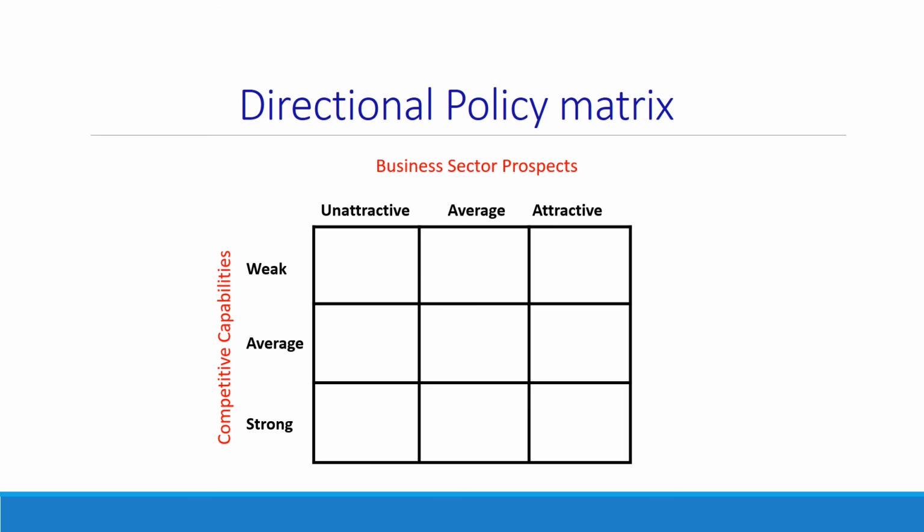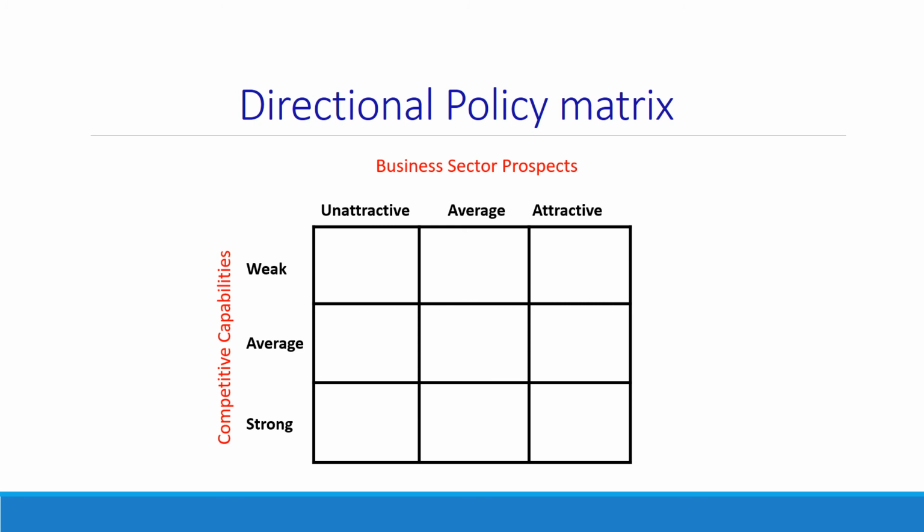The matrix formed here consists of 9 cells, and the weakest cell is the top left corner cell, the unattractive and weak cell. The first cell consists of the business units which are unattractive in the business sector prospects and have weak competitive capabilities.